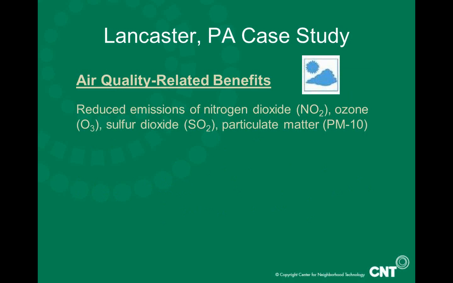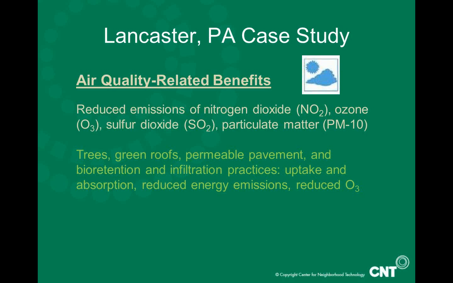Okay, next category is air quality. And what we were looking at was the reduced emissions of nitrogen oxides, ozone, sulfur dioxide, and particulate matter. And so the green infrastructure practices are things you might imagine mostly vegetative, but also things you might not think about. Permeable pavement is actually going to help because, indirectly, it's going to reduce the use of water.